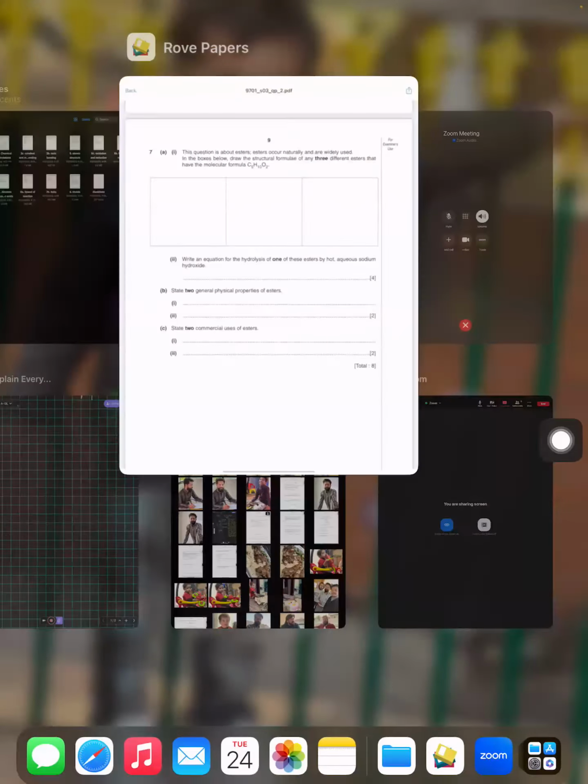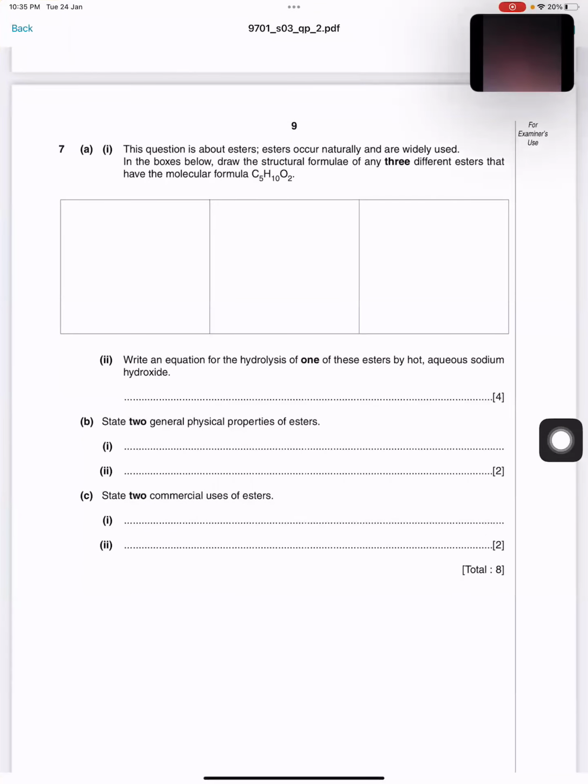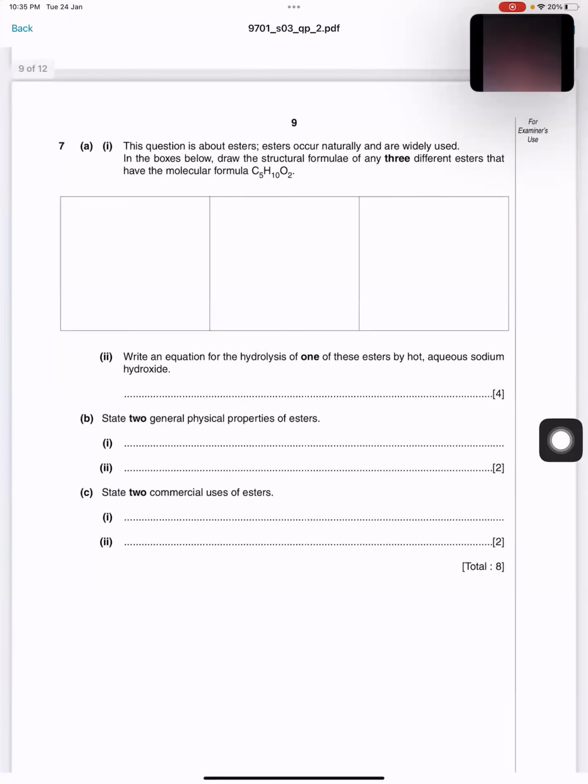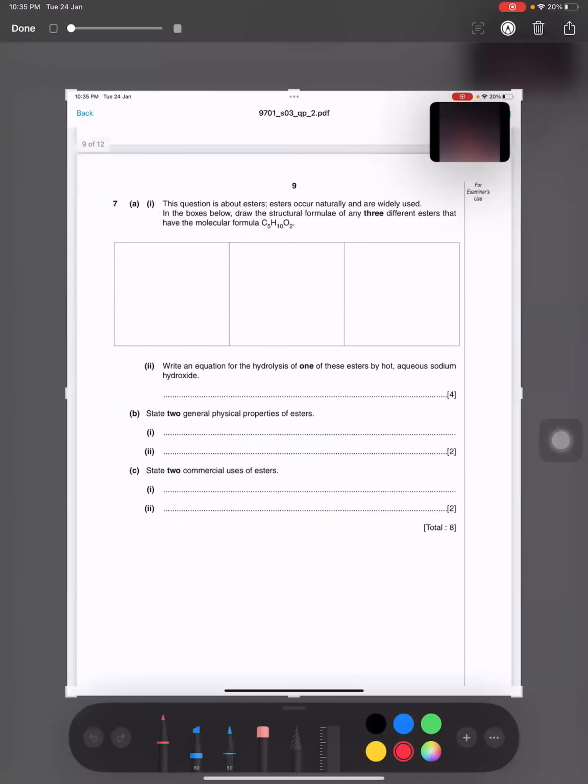Okay, so over here, they are saying the question is about esters, and esters occur naturally and are widely used. In the box below, draw the structural formula of any 3 different esters that have the molecular formula C5H10O2. So that's fine.